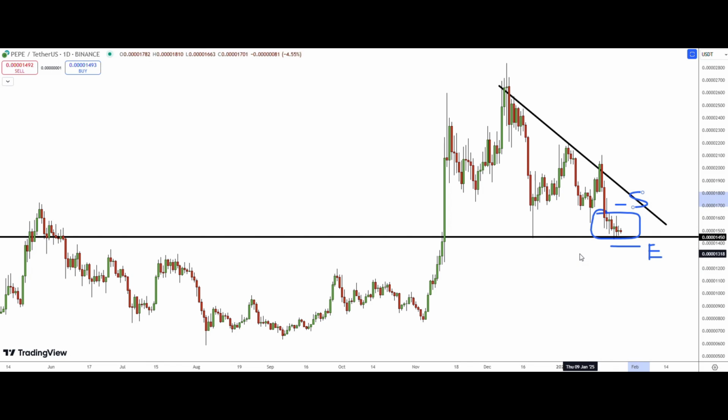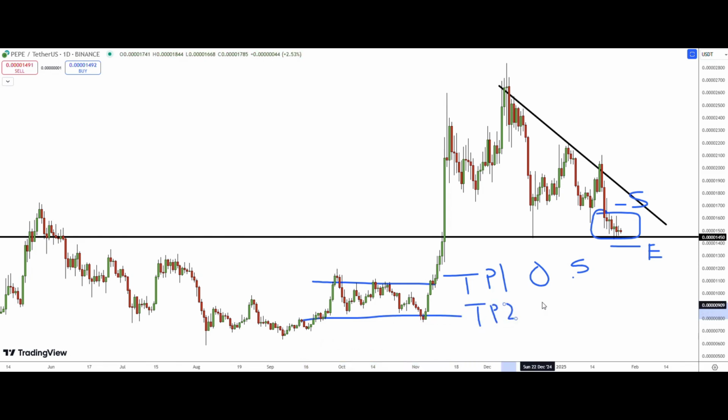I will generally have two take profit targets for this particular setup. The first take profit target would be here. I'll indicate TP1, where I will exit half of my position. I'll put 0.5. The second take profit level will be at this support area. I'll put TP2 and I'll exit the other half of my position.